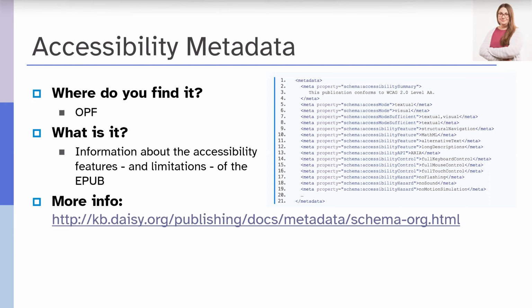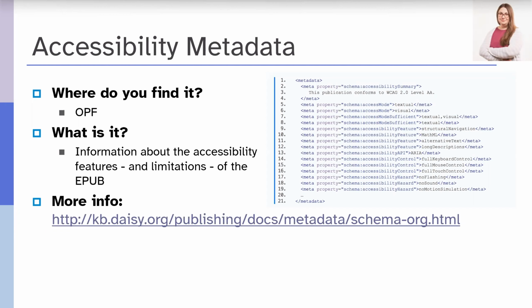There are accessibility features, so things that the publisher has added into the book in order to make it more accessible. This includes things like structural navigation, which we just talked about, but also providing MathML to make sure that the math is usable by screen readers, alternative text for images, and long descriptions for complex images.